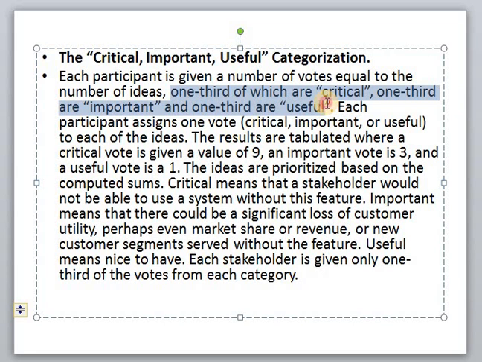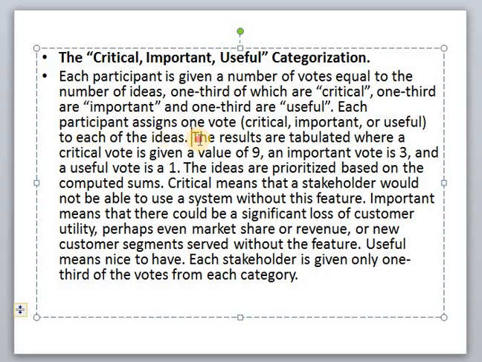This is the category critical. 1/3 are important and 1/3 are useful. Each participant assigns one vote on the basis of the category, which is critical, important, or useful.